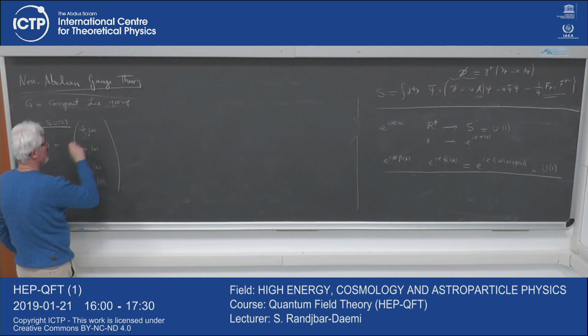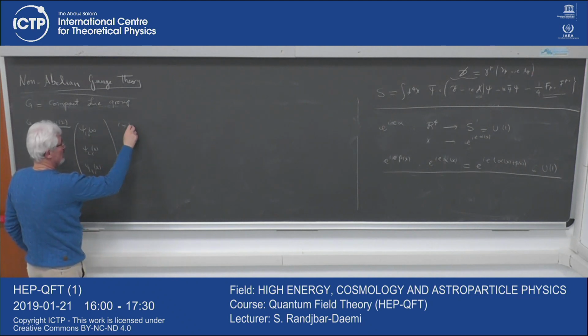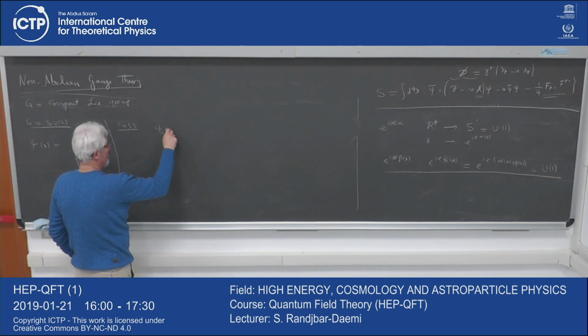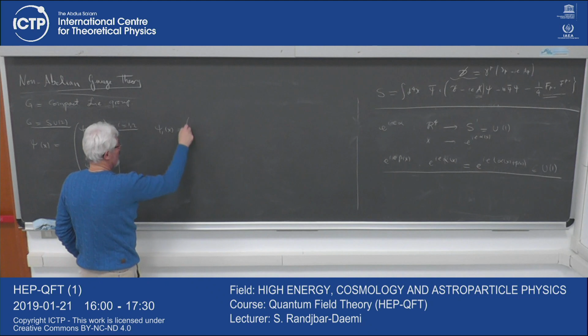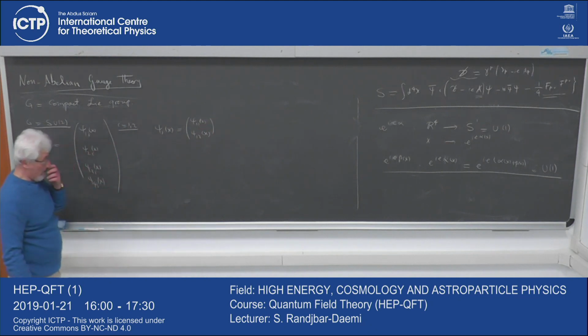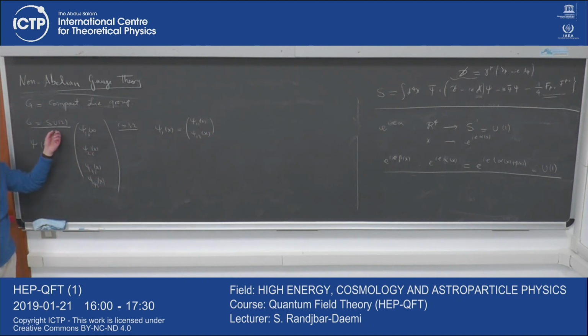An index I on each component, and say that I takes value 1 and 2. So psi of x by itself will be psi 1 of x, psi 2 of x, where the second index is sensitive to this SU2. It's acted upon by SU2.